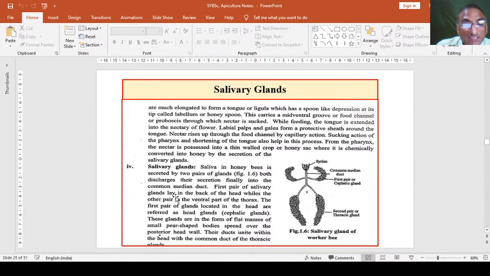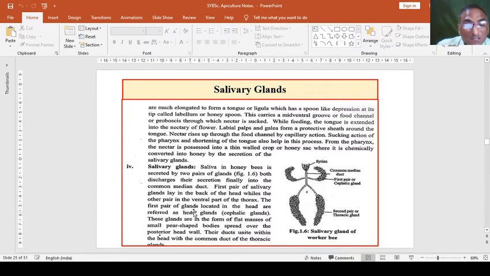The first pair of salivary glands lies in the back of the head. This is at the posterior side of the head, while the other pair is in the ventral part of the thorax. Means this part is located in the ventral part of the thorax.